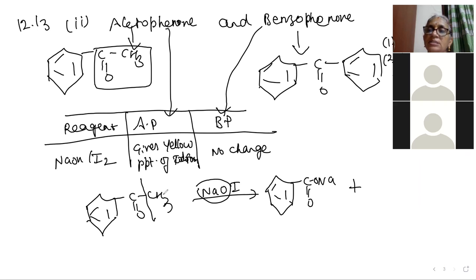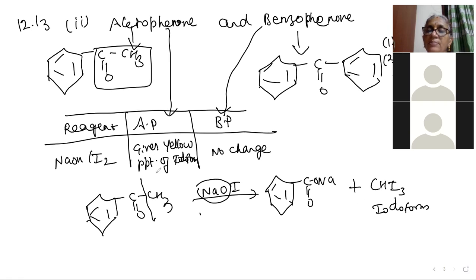So all these hydrogens you replace by I, and from the NaOH, no, one of the hydrogens we have to include here. So what do we get? CHI3, just iodoform.